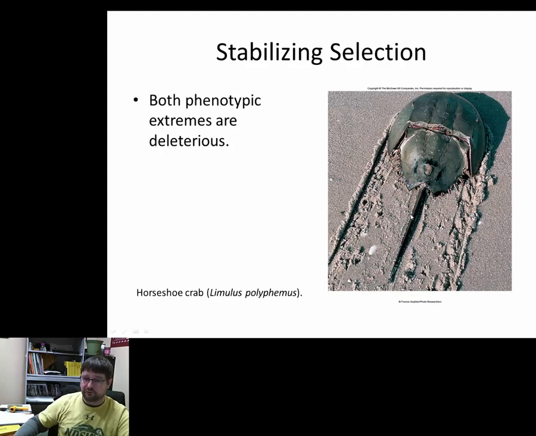If you're very small and you move onto a terrestrial habitat, you're going to be picked off by birds. Even with this hard carapace shell on top, birds will eat you if you're small. And for that matter, even in the ocean, you're going to be food for a lot of things. So the two extremes are selected against. One through thermal regulation, temperature profile, and the other one through predation.